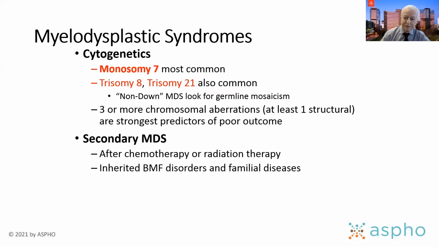These syndromes often follow chemotherapy, such as the epipodophyllotoxins or alkylating agents, some years after the radiation or chemotherapy. And they are also part of a group of inherited bone marrow disorders and familial diseases, which I'll touch on.